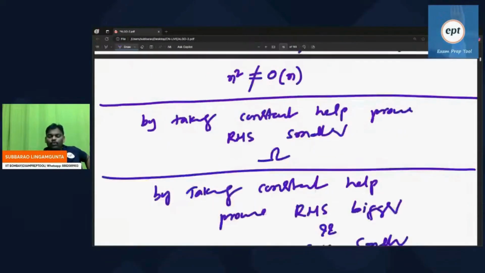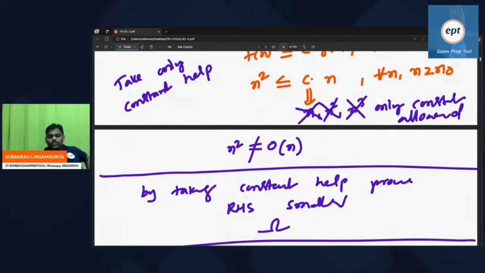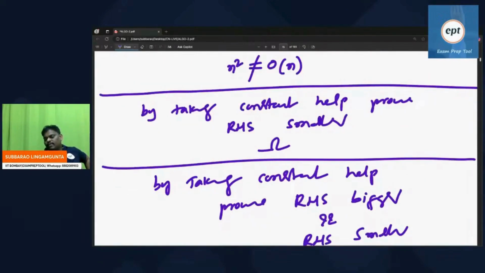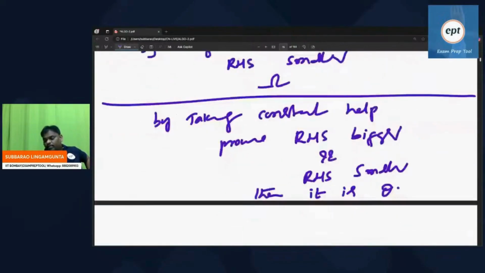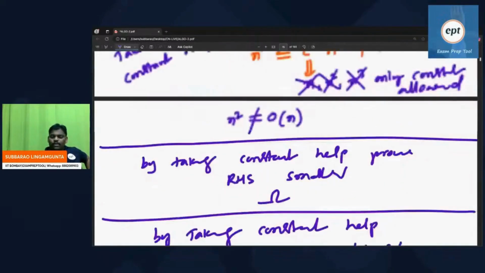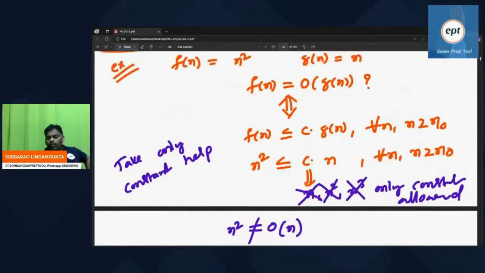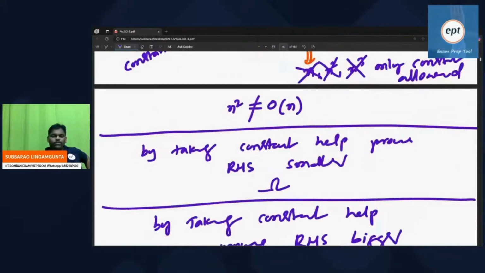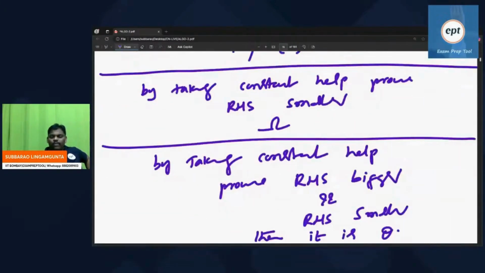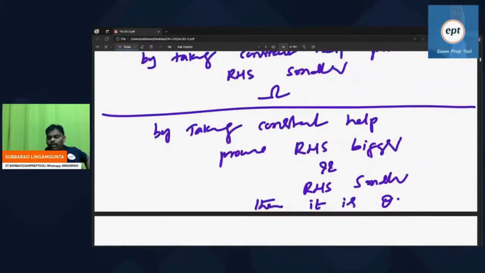If you know big O, you know omega also, you know theta also. What is omega? Prove that the right is smaller with the help of a constant. What is theta? Prove that the right is bigger and the right is smaller also, by taking constant help. If you are okay with the big O, you are okay with omega also, theta also.